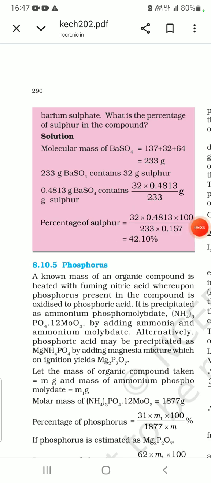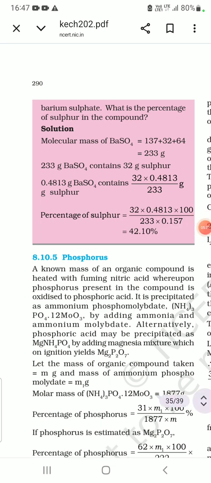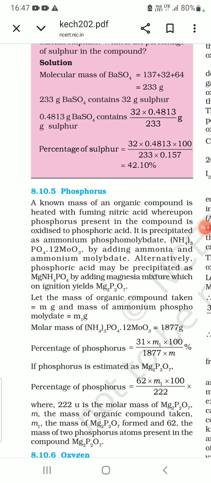Question is given here. And next we have phosphorus. A known mass of organic compound is heated with fuming nitric acid, whereupon phosphorus present in the compound is oxidized to phosphoric acid. It is precipitated as ammonium phosphomolybdate, (NH4)3PO4.12MoO3, by adding ammonia and ammonium molybdate.